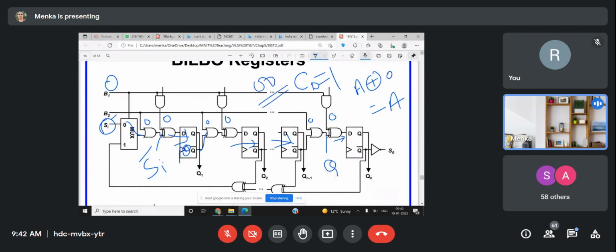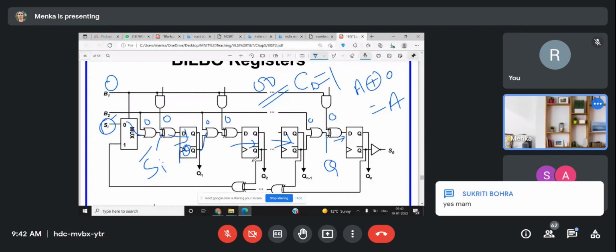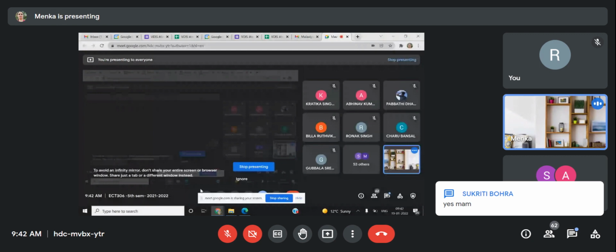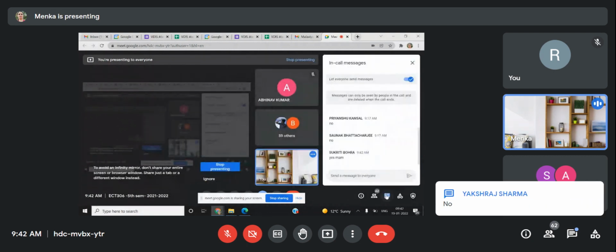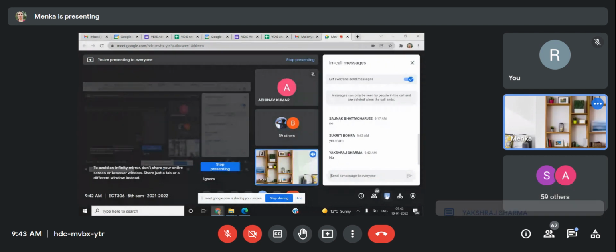Did you understand this or not? Type yes if understood, if I need to repeat, type no. If you understood whatever we have discussed, type Y. If I need to repeat it, you have to type no. Extras, no. Yes, what about others?